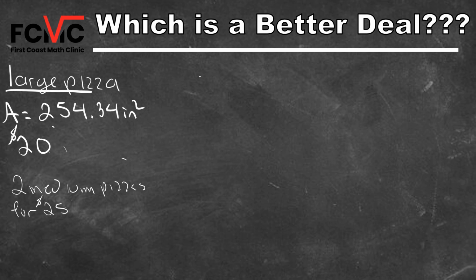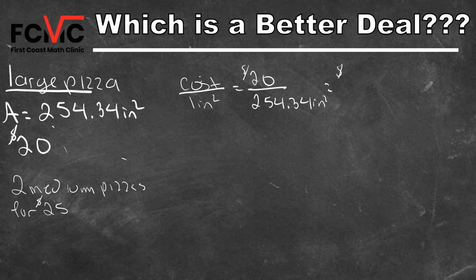Okay, so let's just review some of the stuff we did with our large pizzas. We know that our cost per 1 inch squared, when we figured that out, we did 20 divided by 254.34 inches squared, and we said that was 8 cents per 1 inch squared.